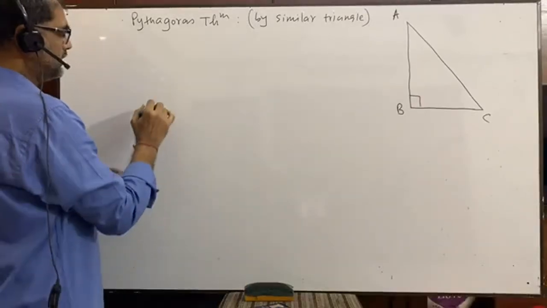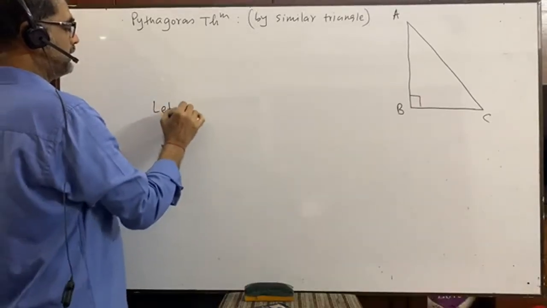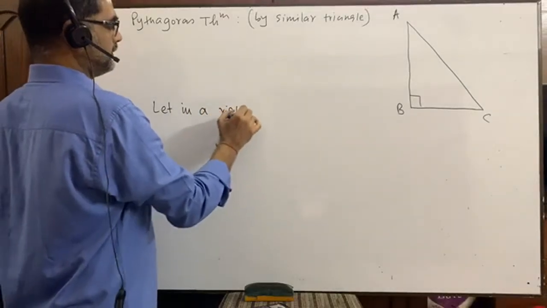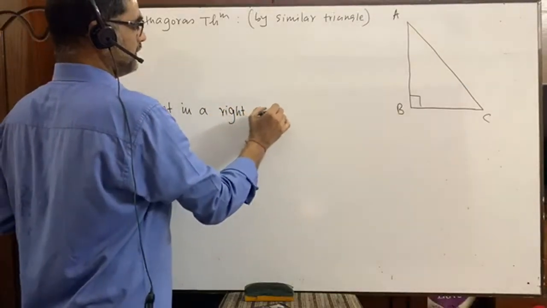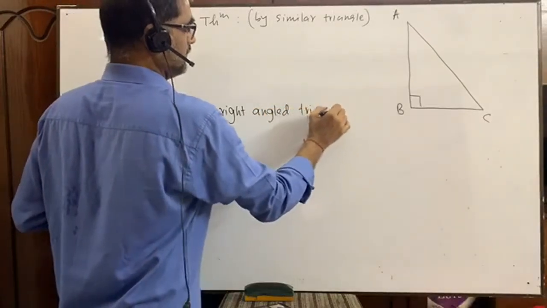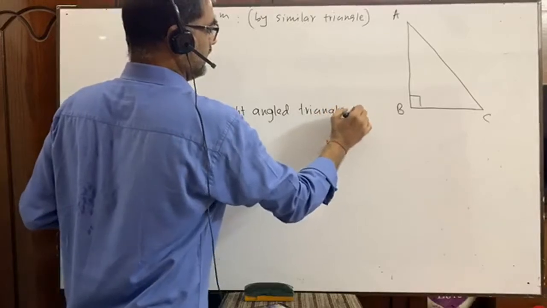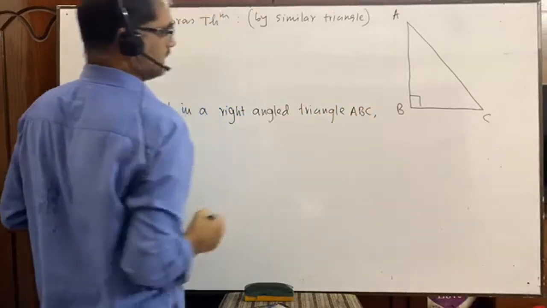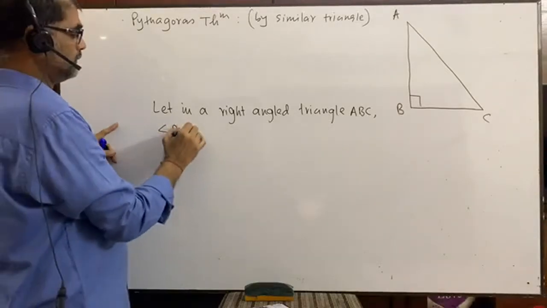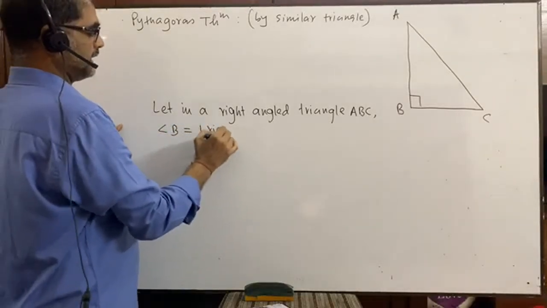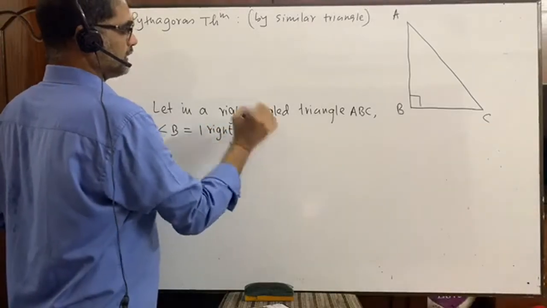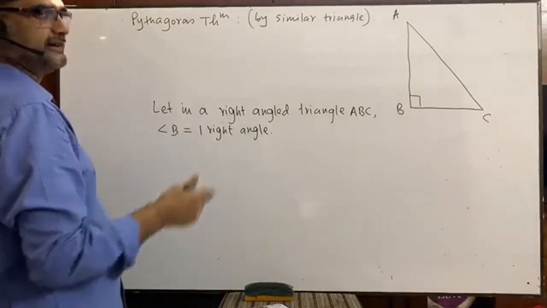Write down: Let in a right angled triangle ABC, angle B is equal to one right angle. So definitely AC is the hypotenuse.